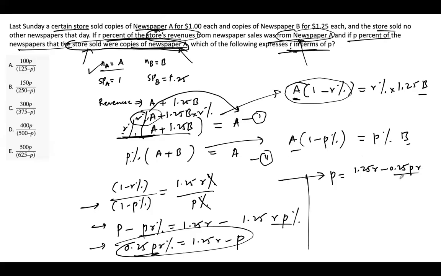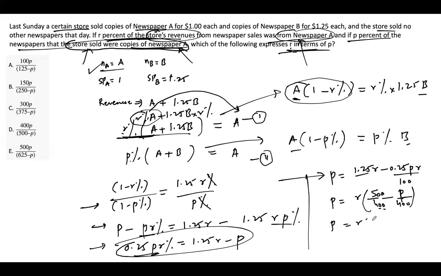I'm writing R% as R by 100. If I take R common, this 1.25 is 5 by 4. This 0.25 is 1 fourth, which is 400. And there is a P. Multiply 500 by 100.